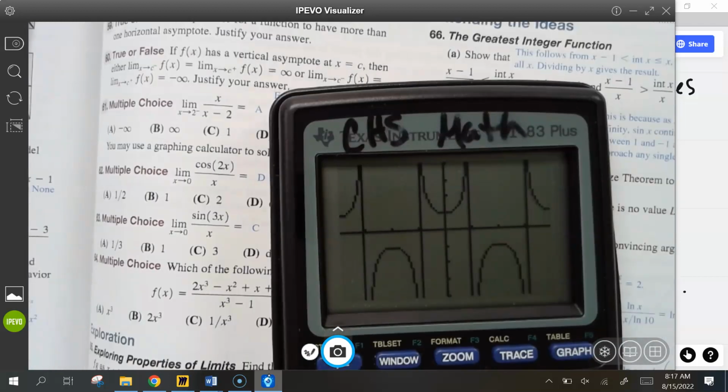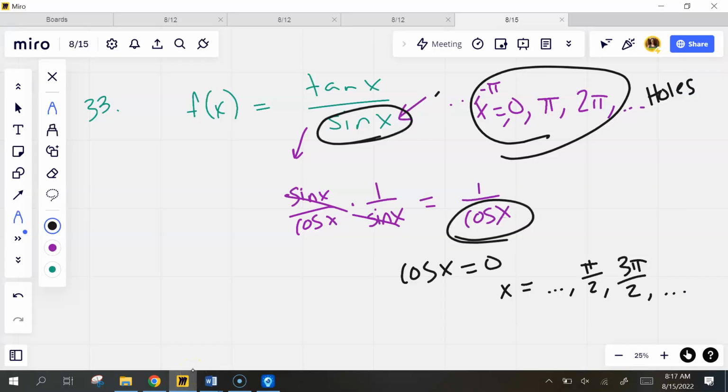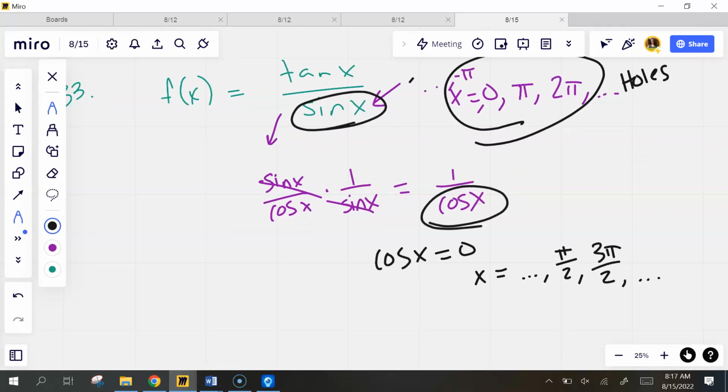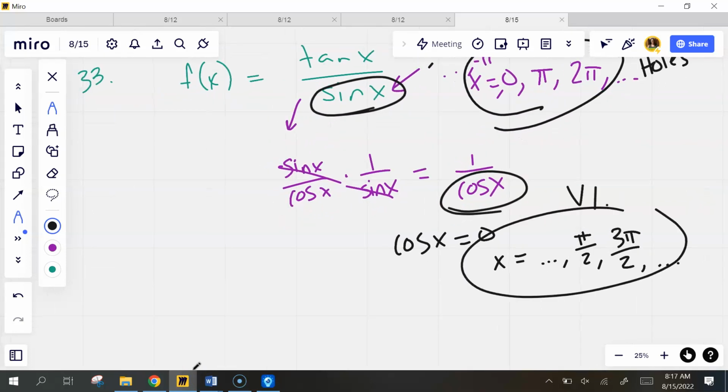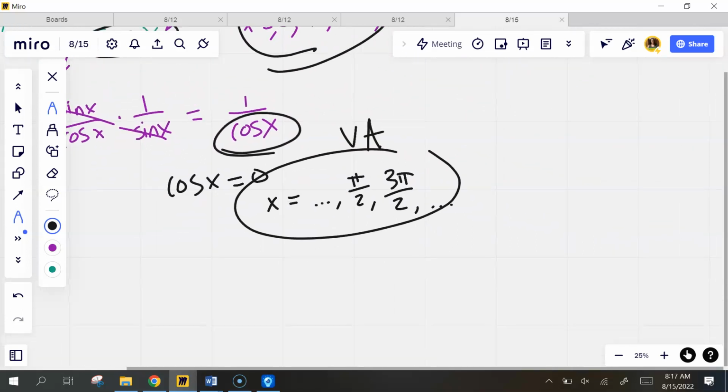So you could say this one of two different ways. What did it ask you? Let's see. What are the equations of the asymptotes? So the asymptotes here, you could do it this way. Or you could say x equals, and I would probably say, actually, pi over 2 plus k pi, where k is an integer, because they're still spaced out pi units apart, right?